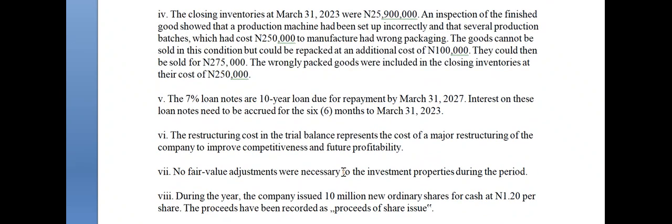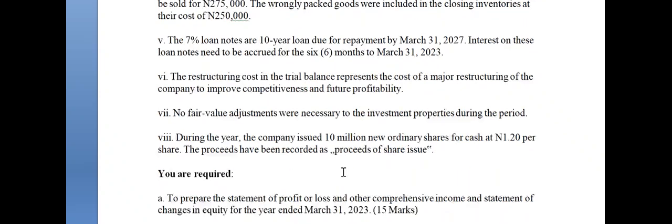Additional information 3: income tax for the year is estimated to be 4,880. You have to ignore the deferred tax. So this 4,880 is what you are going to carry as your tax for the year.